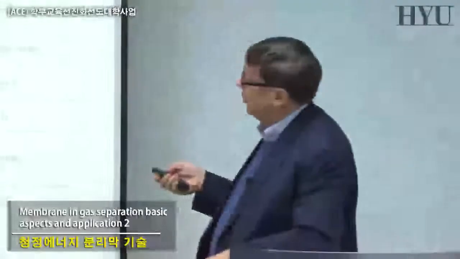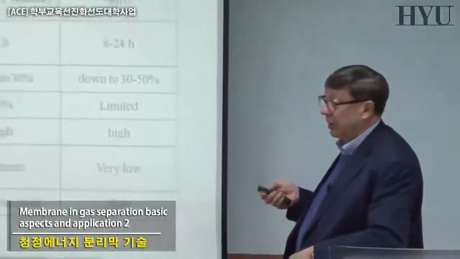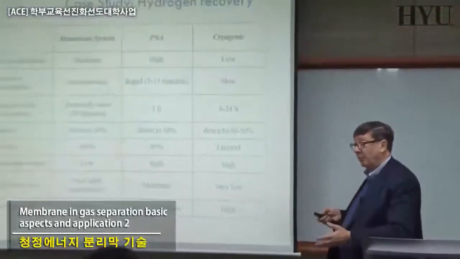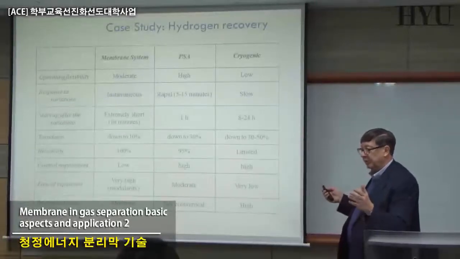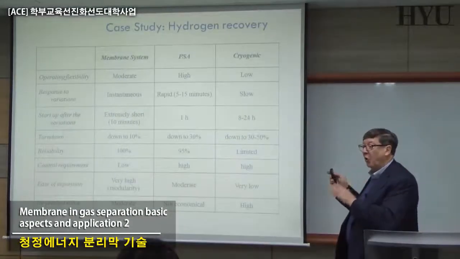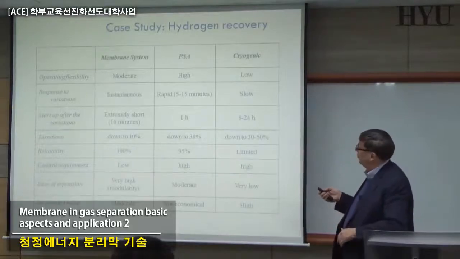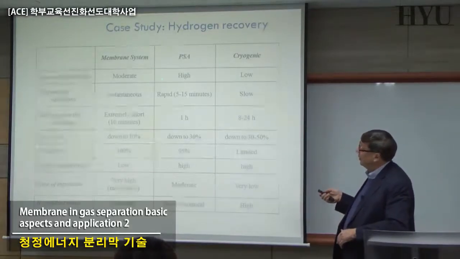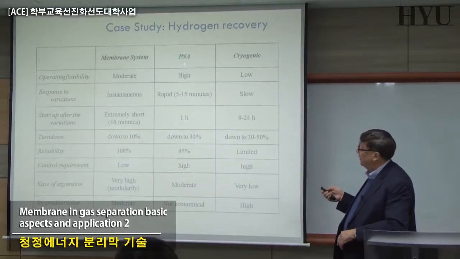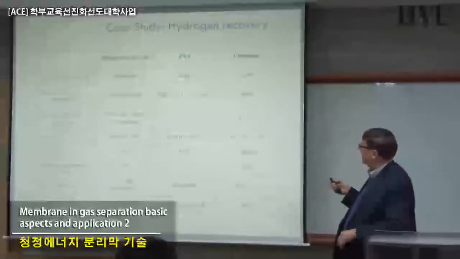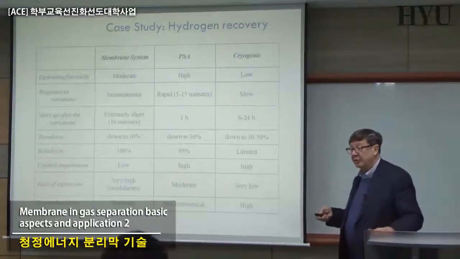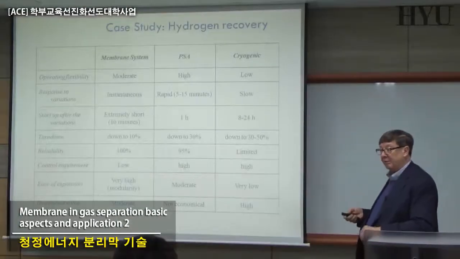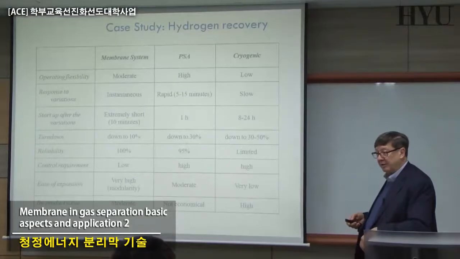The case I was mentioning is interesting. Now we can try to make some comparison, and in the case of gas, everything is still open. We don't have a dominant technology. Also in the case of hydrogen, we have a membrane system, we have the PSA, and we have a cryogenic system. Every time you have one of these processes, you have to make an appropriate analysis of which system is the better one.